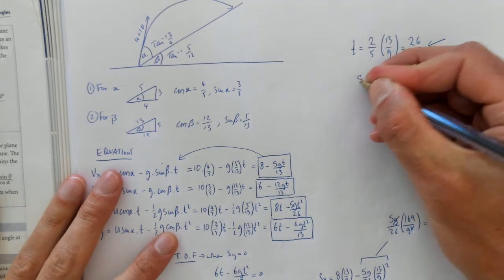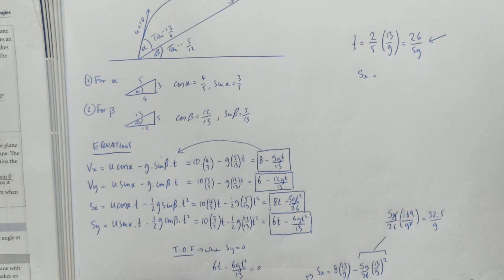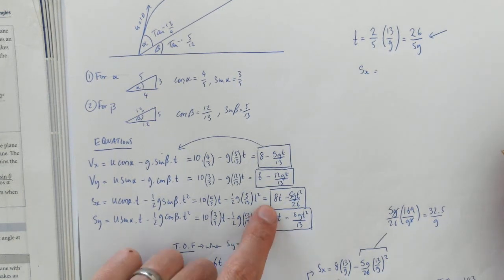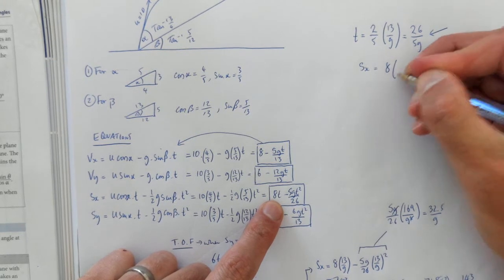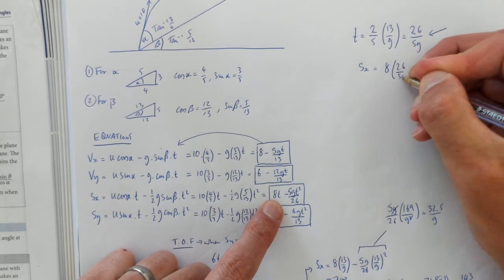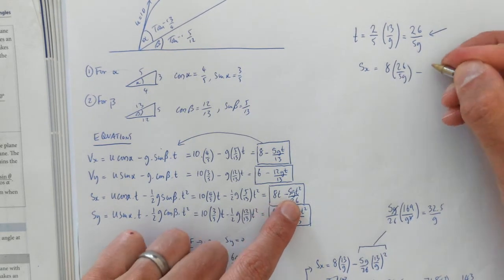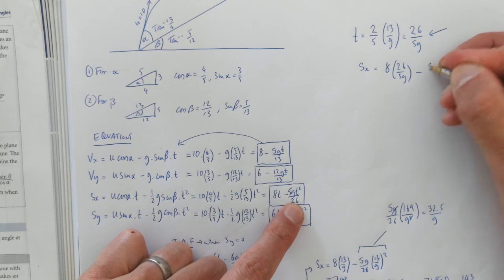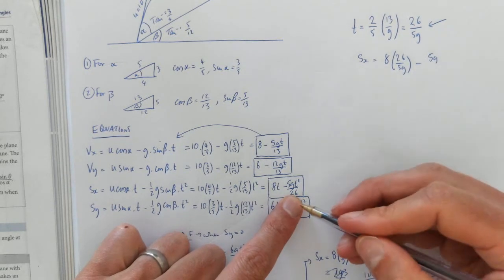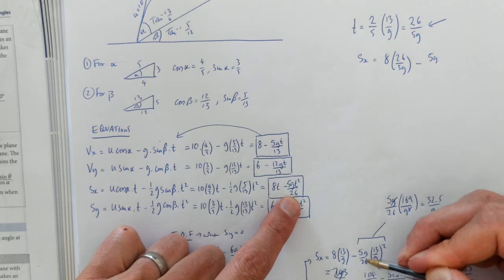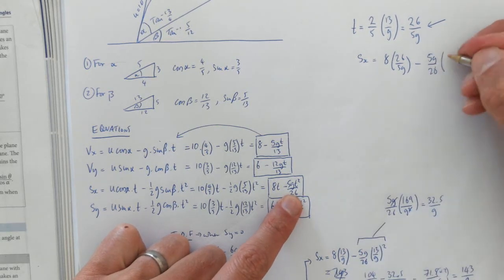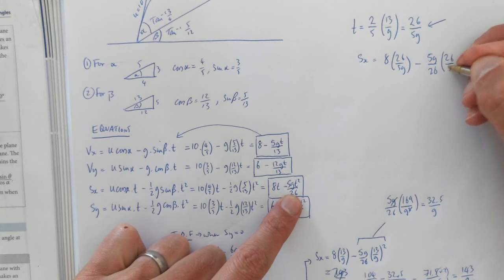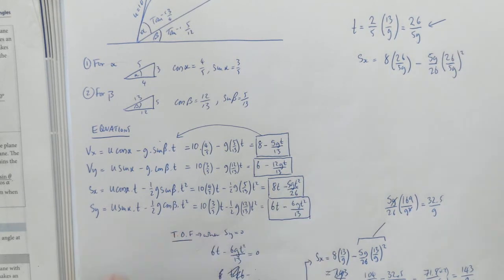So let's go again. Similarly, I might not finish this, we'll see, I might let you finish this. S of x is this, 8 times 26 over 5g minus 5g, so I'm separating the t squared here, 5g over 26 times 26 over 5g all squared, okay?